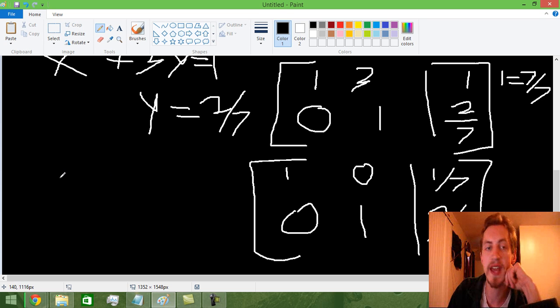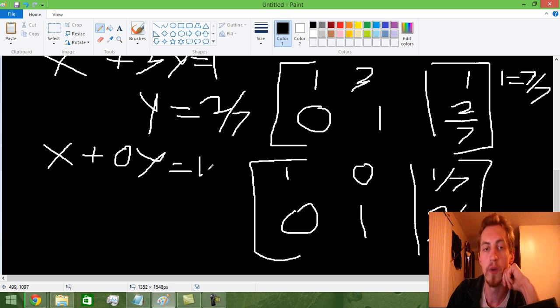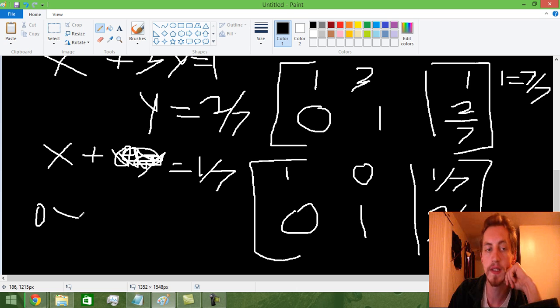So that means that we have x plus 0y equals 1 seventh. Since 0 times y is 0, x equals 1 seventh. Now on the bottom we have 0x, which we already said doesn't equal anything because 0 times anything is 0, plus y equals 2 sevenths.